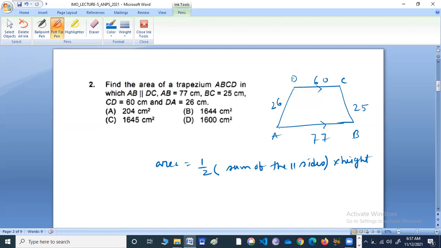So we don't know the height. So let us draw a perpendicular. Okay, good. And similarly, if I draw it here, the height remains the same. So this is h. This portion is 60. This portion is 60.